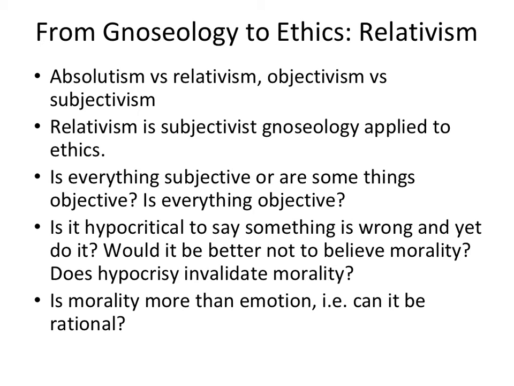Now, the relativist says there is no objective morality. Whereas there might be some stuff outside the mind, I might be a nominalist and say some stuff is outside the mind, but we can't really know it. Ergo, in the case of morality, we can't really know any objective moral norms, any objective moral truths.